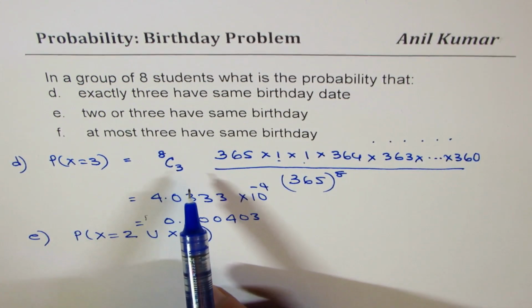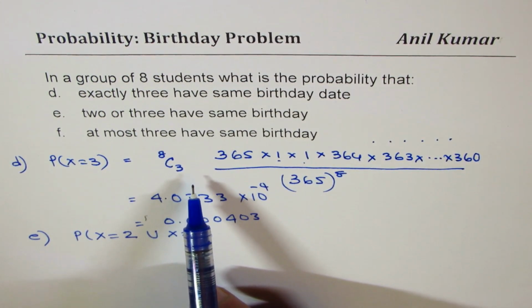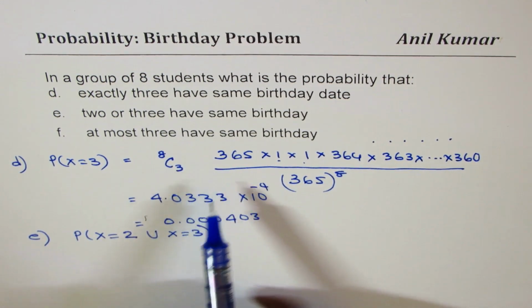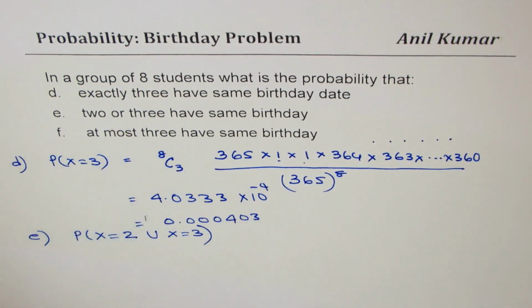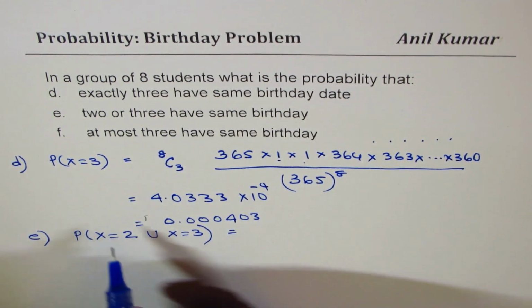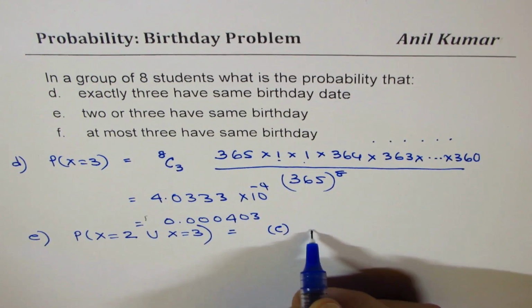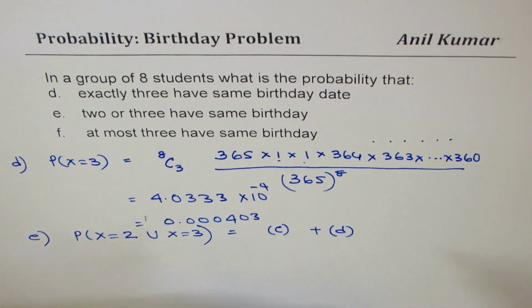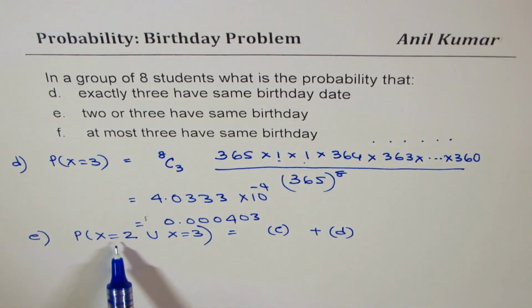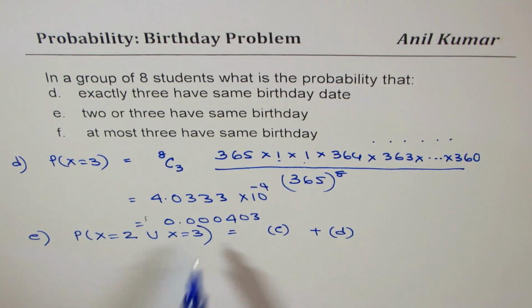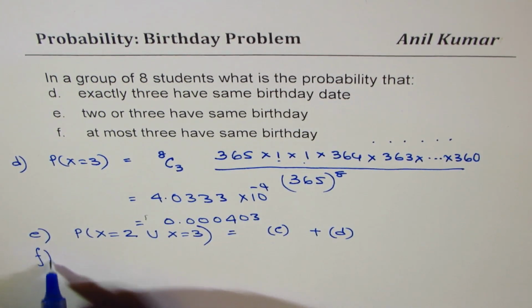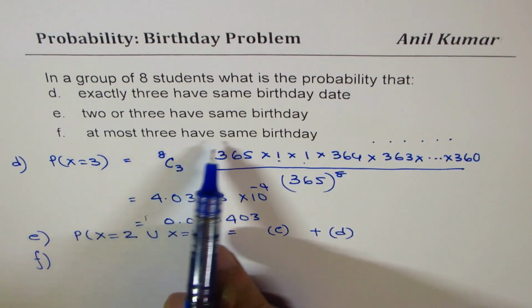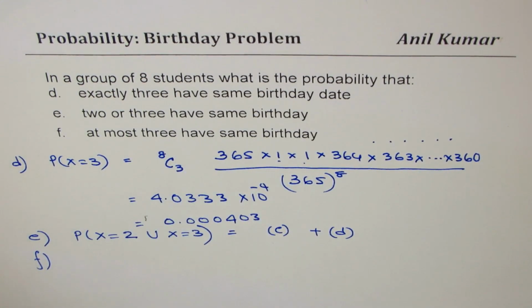So we have to combine what we did for exactly 2, which was part C. So we can just combine those 2, that is, we have to add our options for C plus D, correct? So you get the solution for exactly 2 and exactly 3. And F is at most 3 have the same birthdays, right?